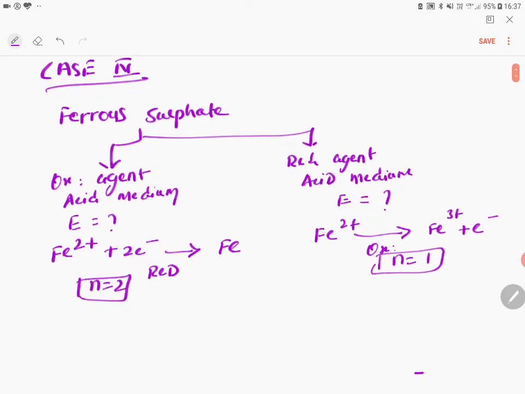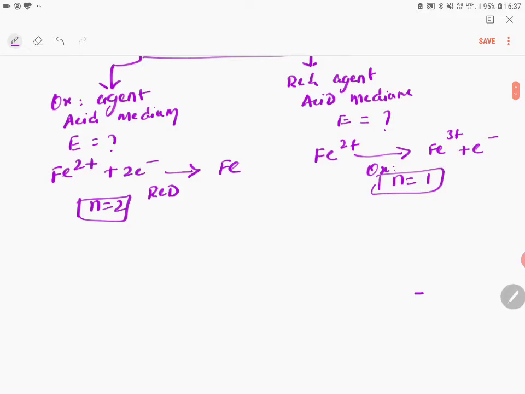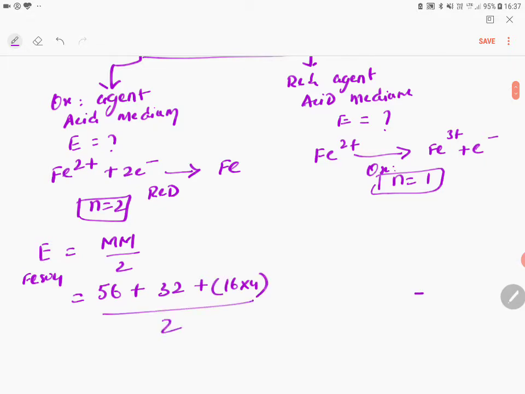Now we have to calculate the equivalent mass of ferrous sulfate both as an oxidizing agent as well as a reducing agent. Equivalent mass in this case will be molar mass divided by 2, since n factor is 2. Molar mass is iron 56 plus sulfur 32 plus oxygen 16 into 4, divided by 2.